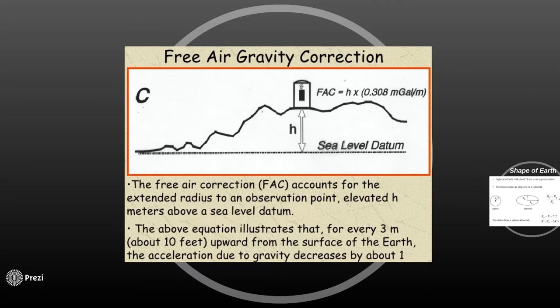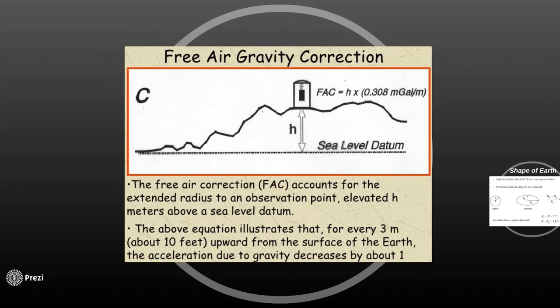So the first method of gravity correction is the free air correction. The free air correction accounts for the extended radius to an observation point which is elevated to a certain distance h above the sea level datum. So we have to bring this measurement point to the sea level datum, and we have to use the special formula shown in the picture.